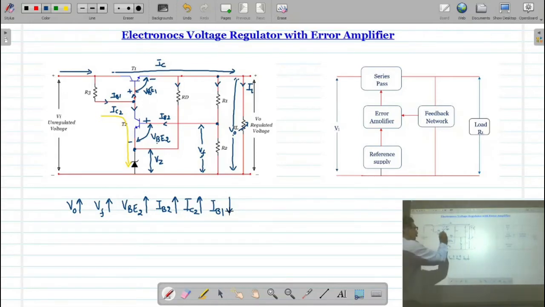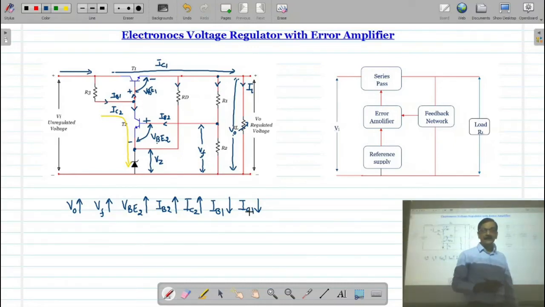Now again, if this IB1 decreases, then what about the IC1? Whatever collector current is passing through your series pass element will also decrease, because there is a linear relation between this collector current and the base current. So base current will decrease, then the collector current will also decrease.